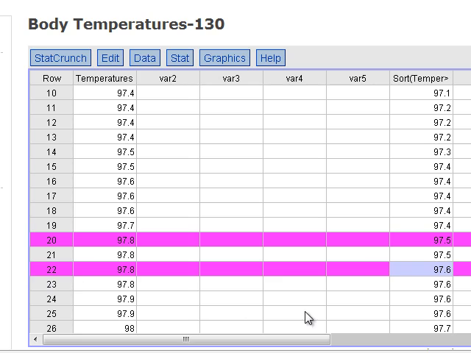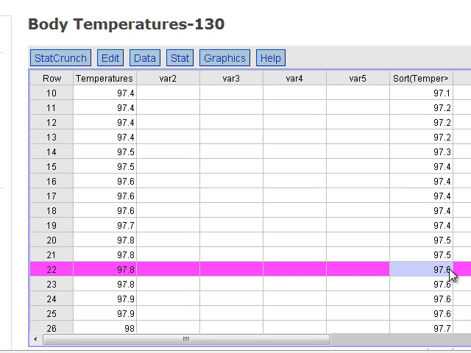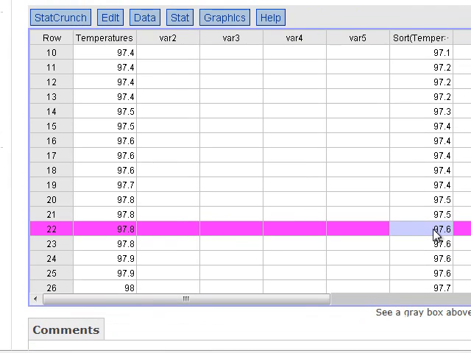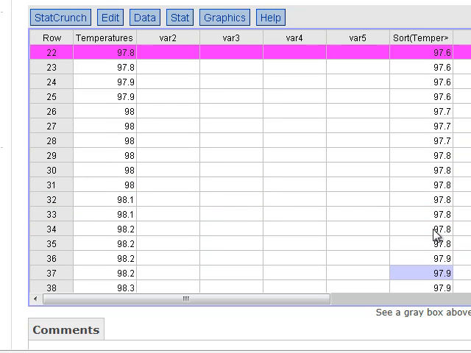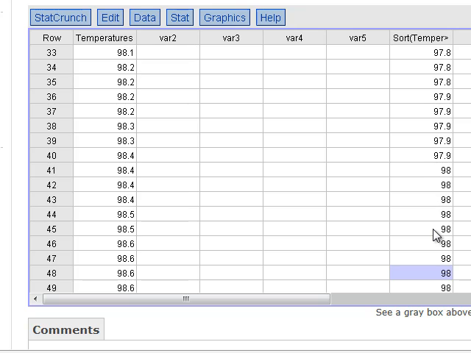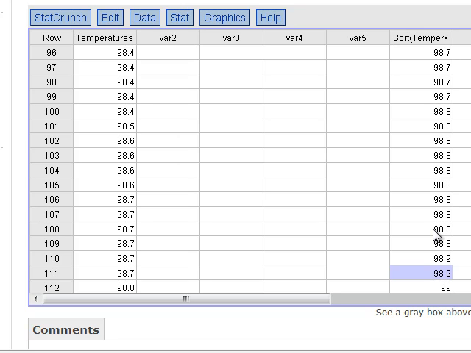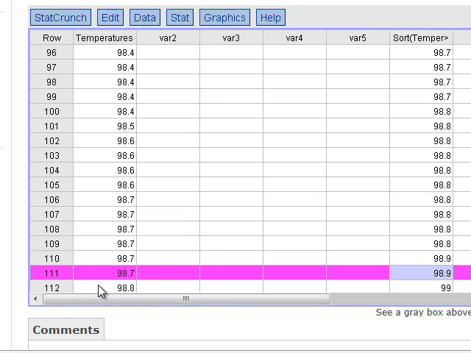So 97.52, here's 97.6, that's our first value, at 22, so remember that. And then scroll all the way down to 98.98. There's 98.98 right there, at 111. Right, so we went from 22 to 111.